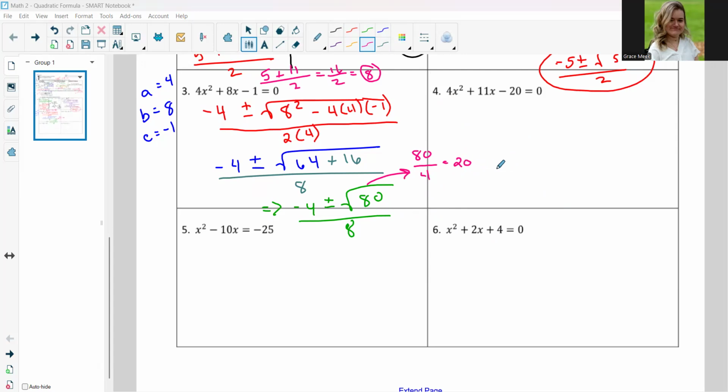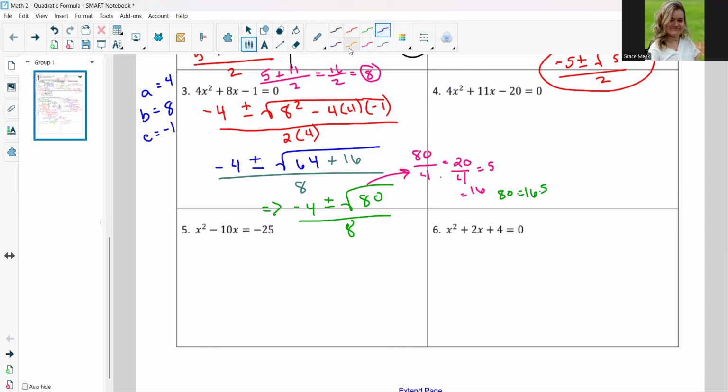And if I divide 20 by 4, it's 5. If I multiply those two 4s together, I would get 16, which is also a perfect square. So I can really rewrite 80 as 16 times 5.